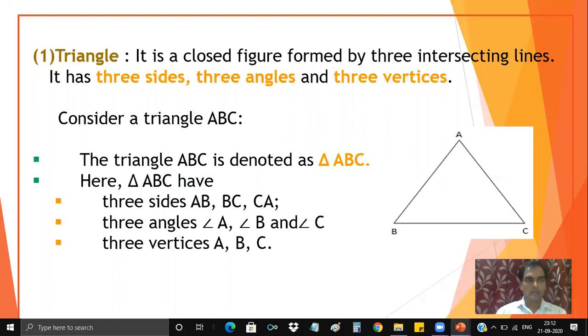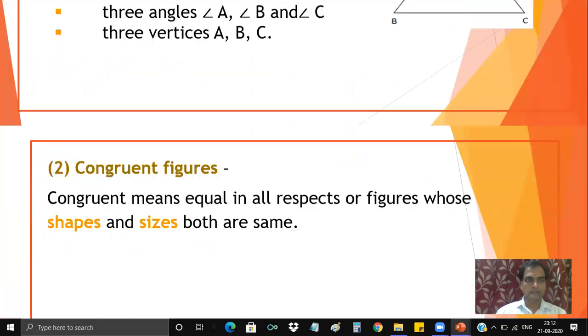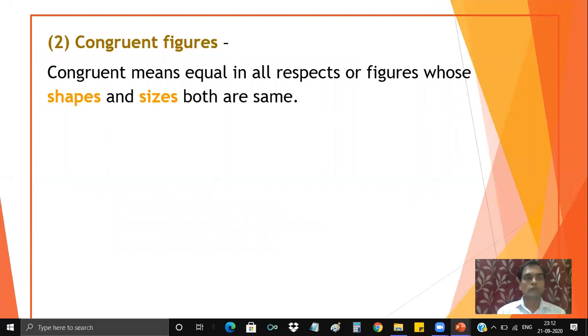Let's move to the next slide. Now, a very interesting and important concept, that is congruent figures. Congruent means equal in all respects, or figures whose shapes and sizes are both the same. In congruent figures, two words are very important, shape and size.